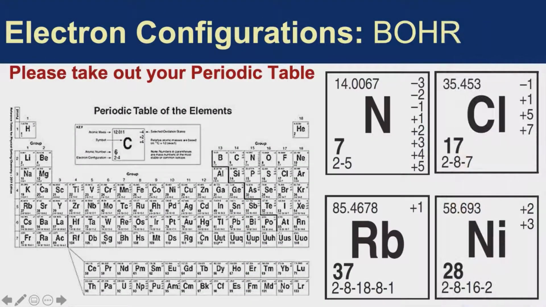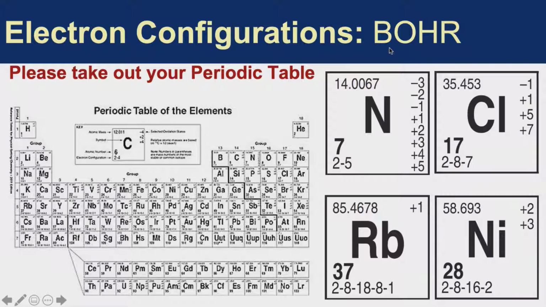So the first thing I have to make sure you have handy is your periodic table. When you look at your periodic table and take a peek at the individual boxes, you will see that there is tons of information present in these boxes. Lots of numbers, lots of symbols, all kinds of different stuff. But what we are concerned most of all with today are these sequences of numbers down here called electron configurations.